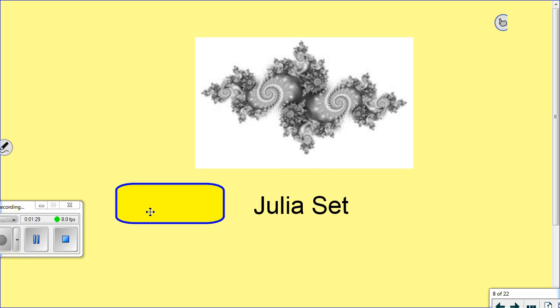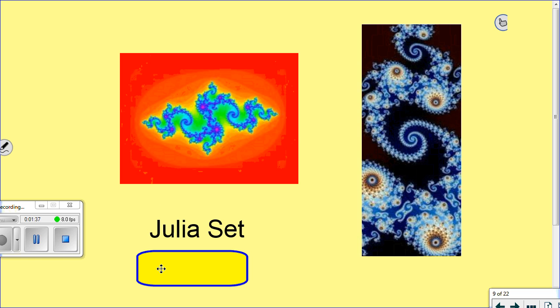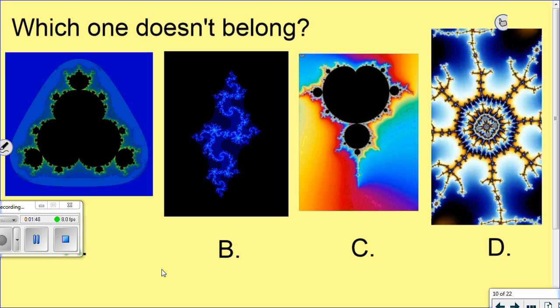And this one is the Julia set. And again, you have that swirling pattern with the eye of a hurricane. So this again is the Julia set. With the Mandelbrot set and the Julia set, we're just simply feeding the answer to one equation back into the beginning over and over and over again to get this pattern.